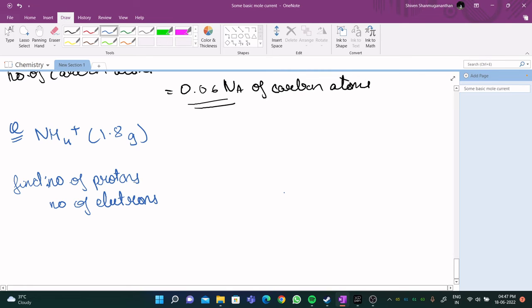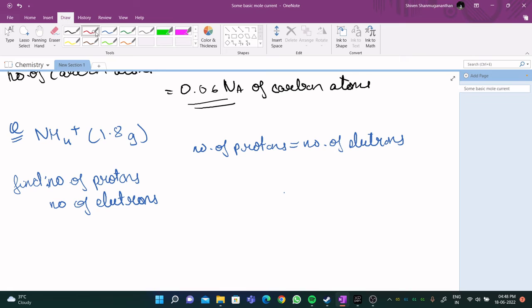Okay, so first let's find the number of protons. The number of protons is equal to the number of electrons for a neutrally charged particle.